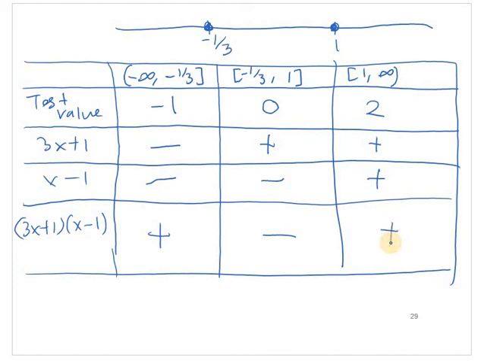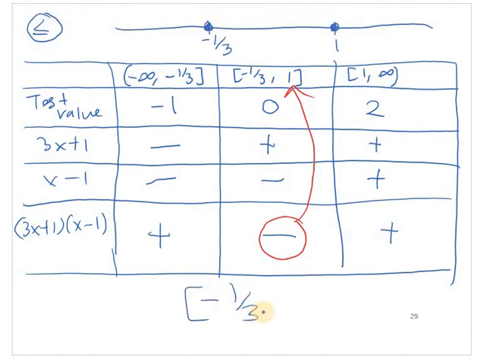Take a look at the previous question: we have less than or equal to, so we need to consider the negative. Our answer will be this interval, negative 1/3 to 1.